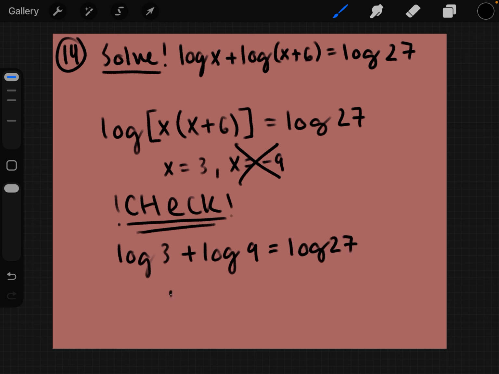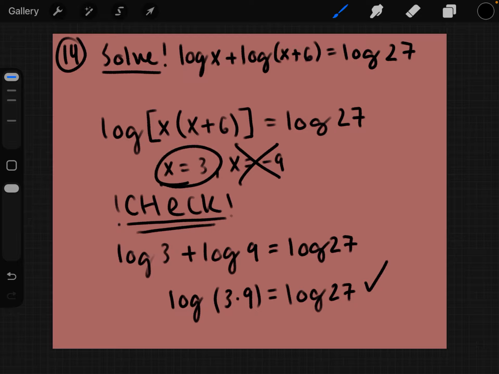This is correct because if we condensed it, it would be 3 times 9, which is 27. So that checks out. So your answer is 3. And it'll be in little brackets, guys.